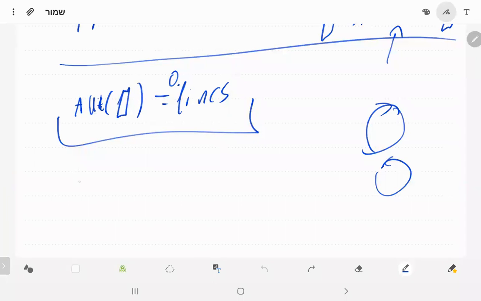So now assume we have some monoidal category C with tensor product.